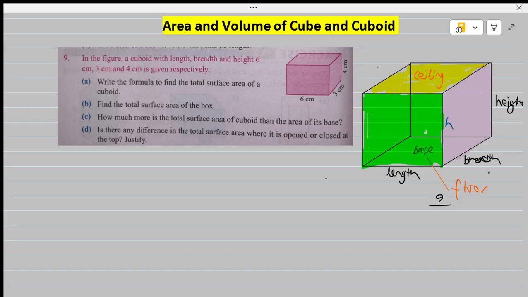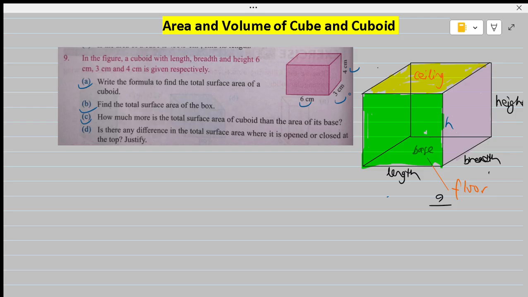In the figure, a cuboid with length, breadth and height, all three things are given here. Length given 6, breadth given 3 and height given 4. Now you're asked to write the formula to find the total surface area of the box. Earlier what we have used is 2 times LB plus LH plus BH. You'll be using that and finding the surface area of this box.